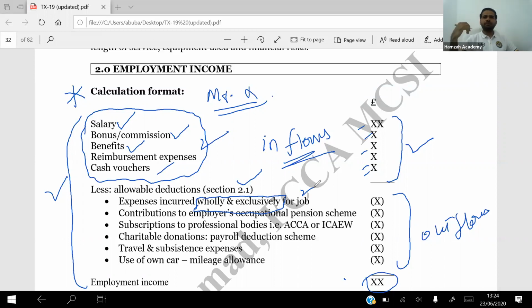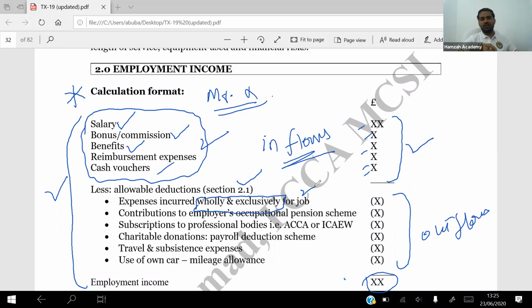This is more of an organizational benefit for the employees. So the employer is doing everything on behalf of the employee. Occupational pension scheme means related to the occupation. What will happen at each month end is that the employer, before paying the salary, will deduct that 50 pounds and give it to the pension scheme on behalf of the employee.